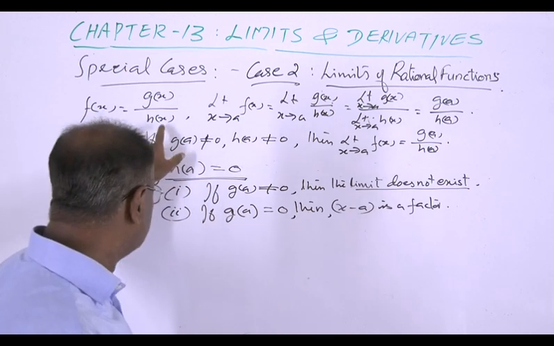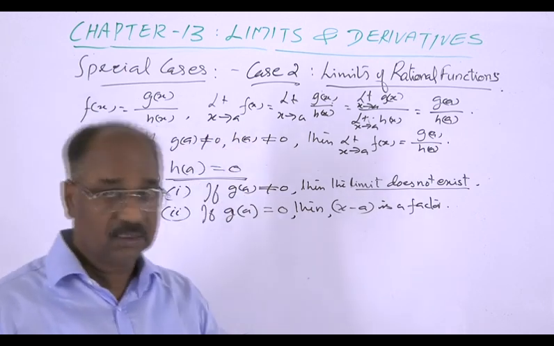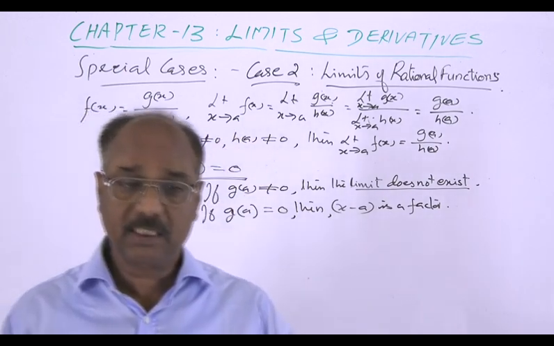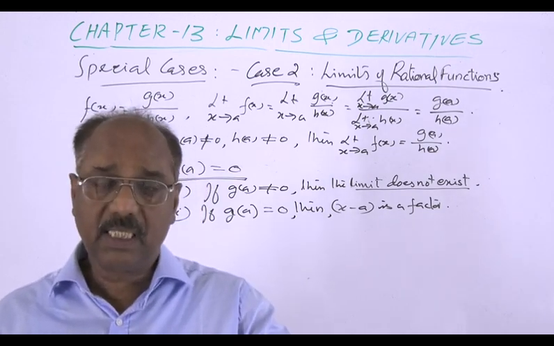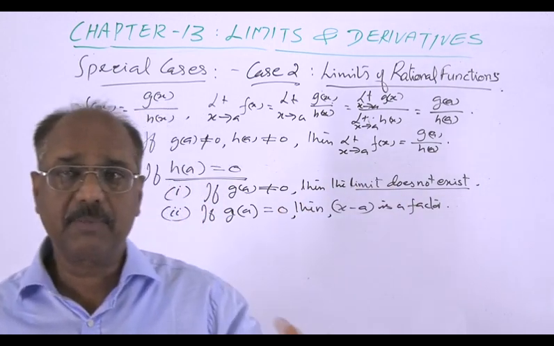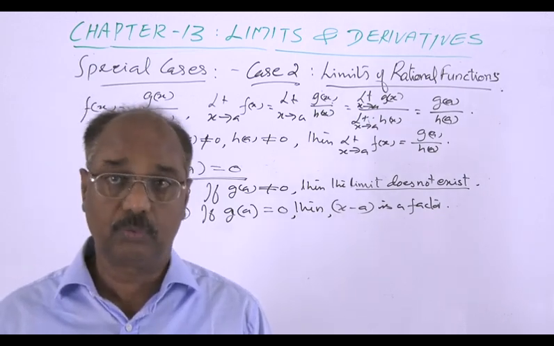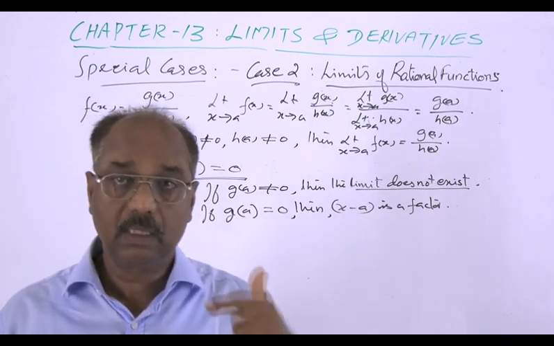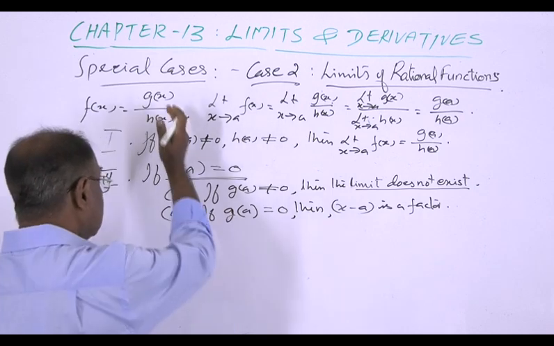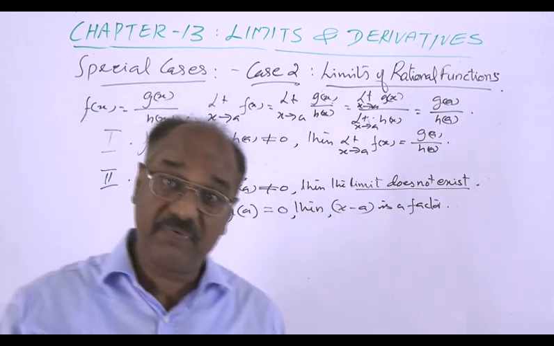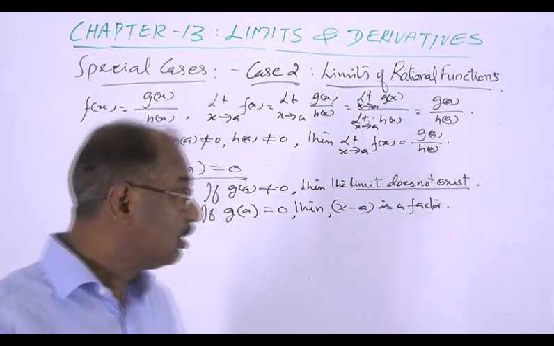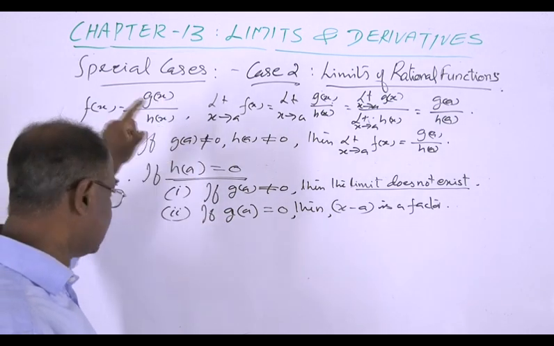Here h(a) is also 0, so x minus a is a factor. g(a) 0 means x minus a is a factor for g(x) also. Then take that factor, this x minus a or its power. Its power can also be a factor, the power from g(x) and h(x).